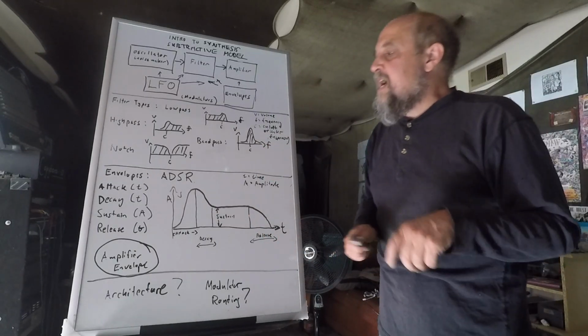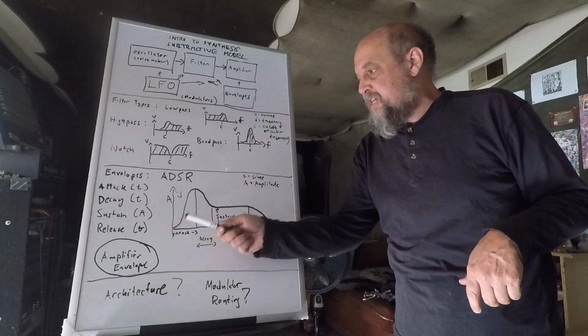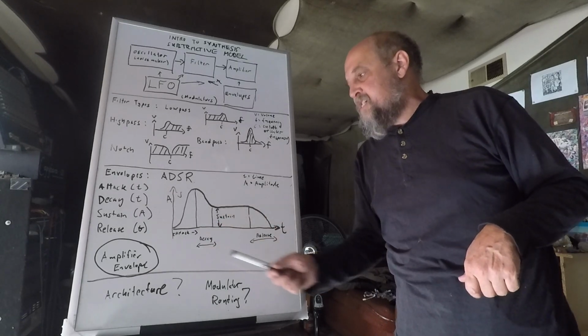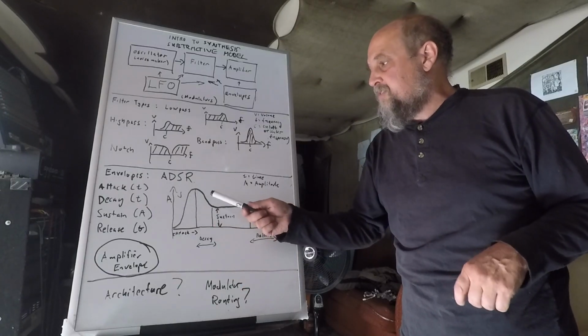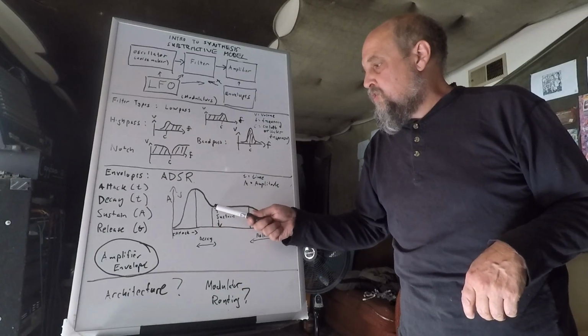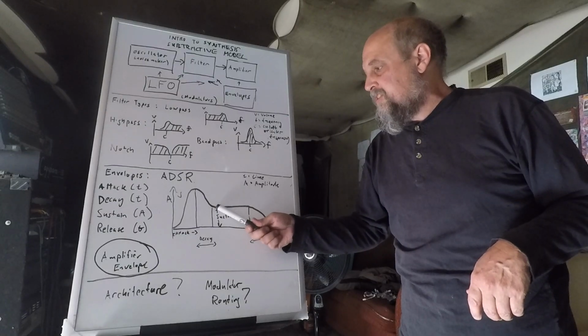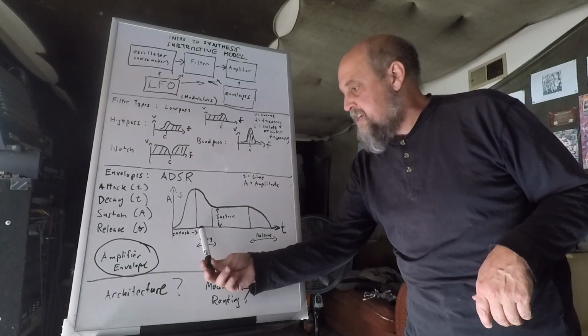The amount of time it takes to go from zero sound to maximum is the attack time. We can see that here. The amount of time it takes for the sound to decay from the maximum to the sustain, the point where the sound is sustained, is the decay time, and that's right here.